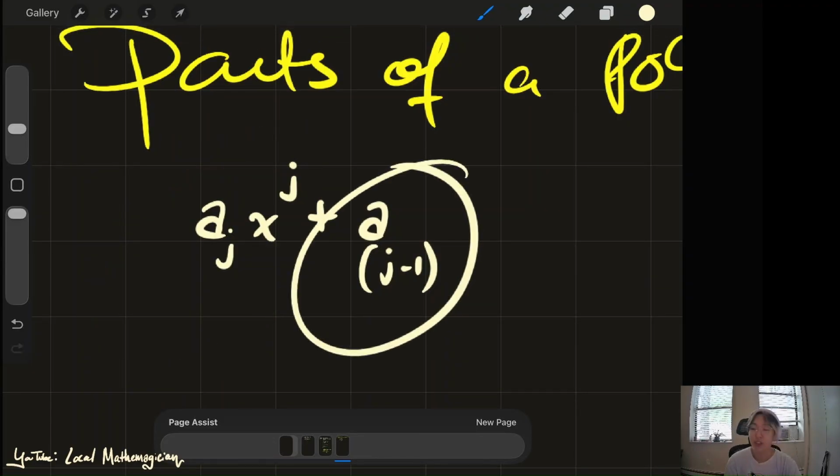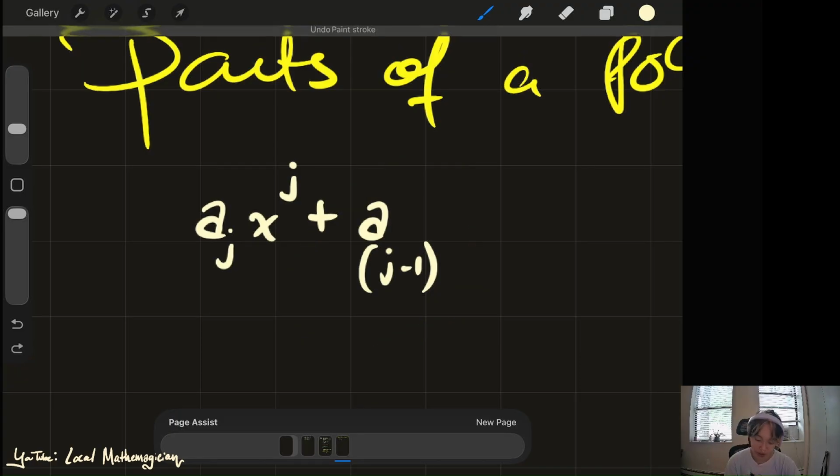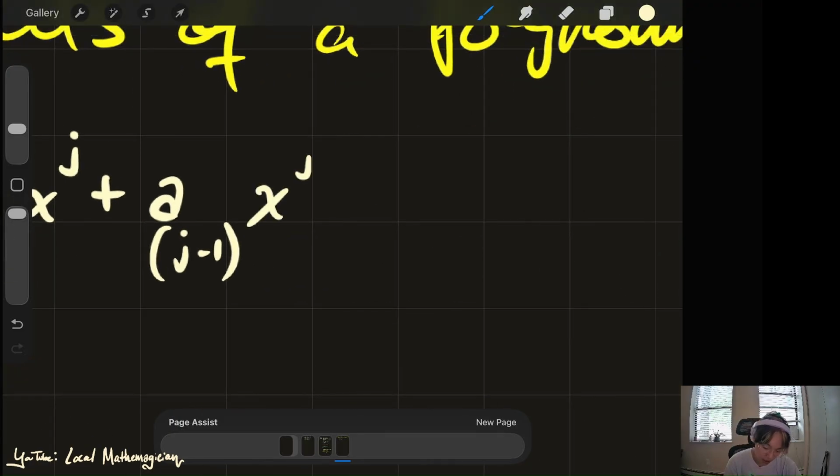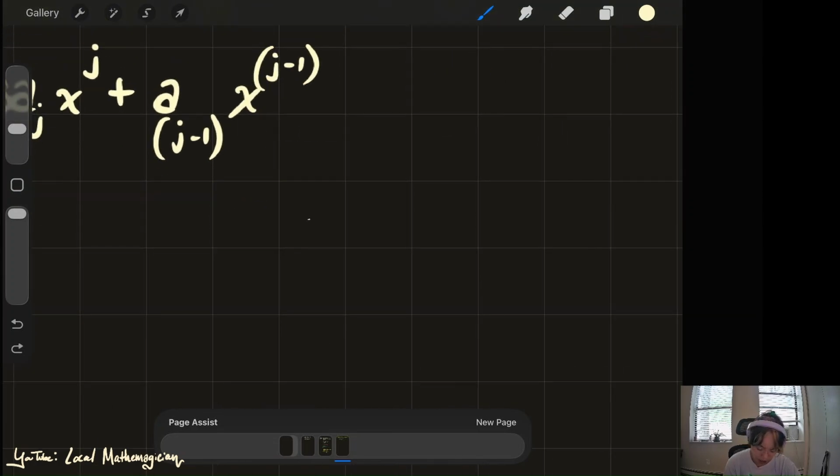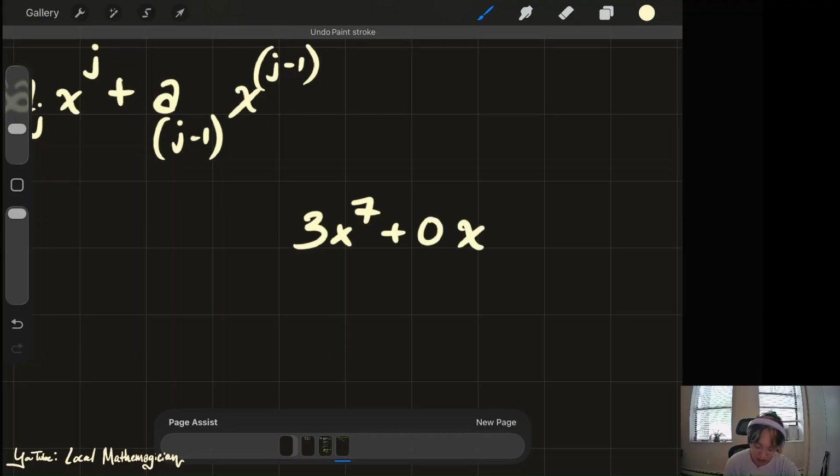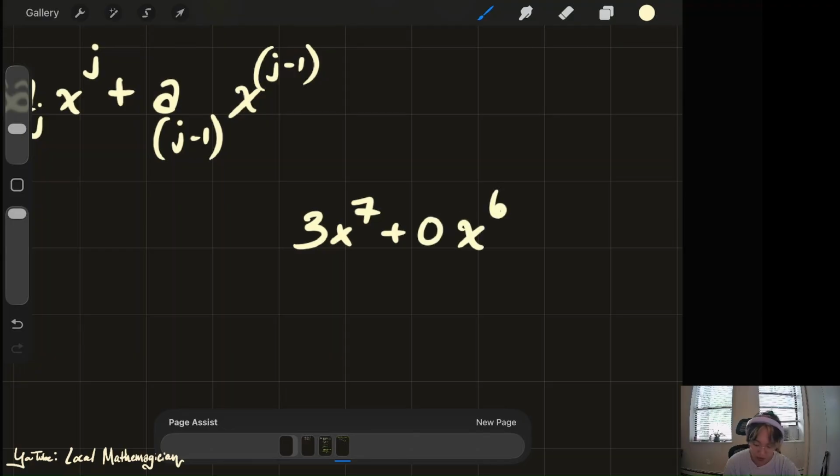This is the coefficient that deals with x to the 6th, so on and so forth. And of course, this can always equal 0. You can always have like 3x to the 7th plus 0 x to the 6th, which would just be written as 3x to the 7th. That's perfectly fine.